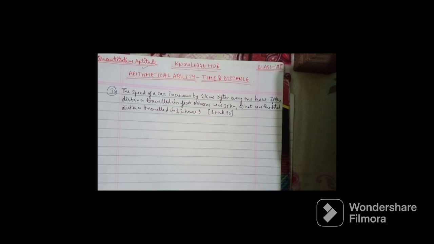Bank question paper. The options were 456 kilometers, 482 kilometers, 552 kilometers, 556 kilometers, none of these. So let's get started.